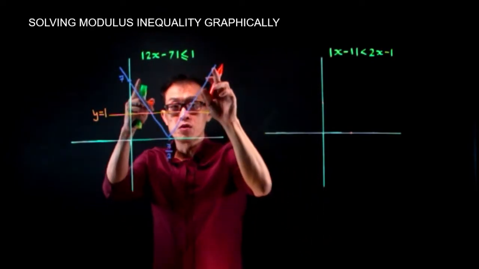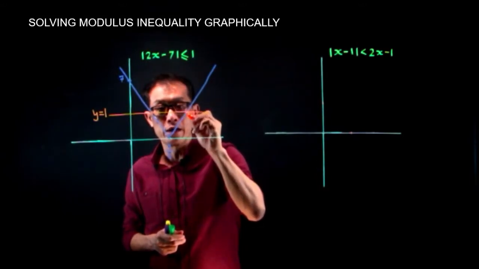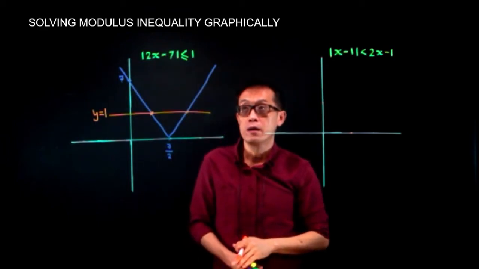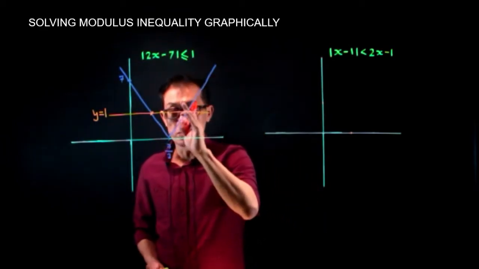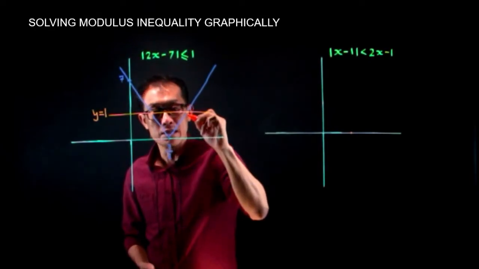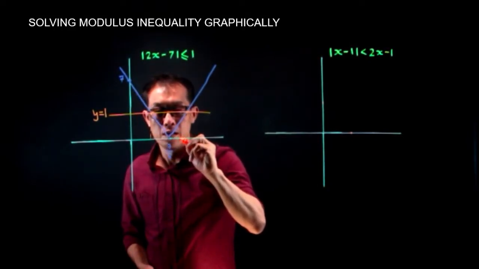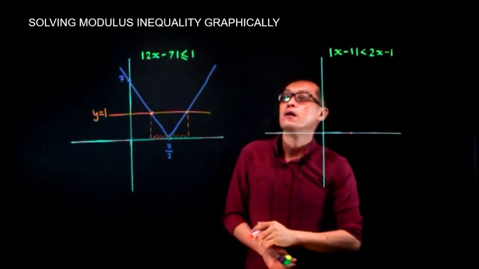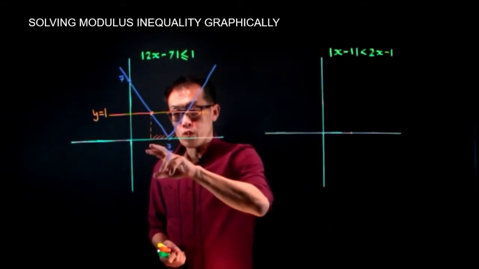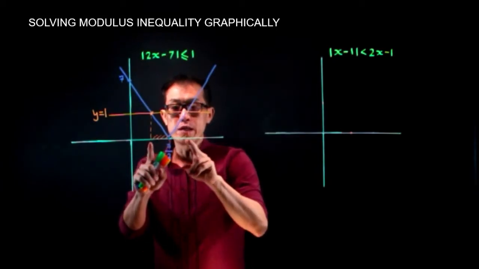For this to be smaller than 1, this will be equal to 1 at these 2 points, the intersection. But you want it to be smaller than or equal to 1, then x has to take this value here. So we need to find these 2 points. x will be in between these 2 points.